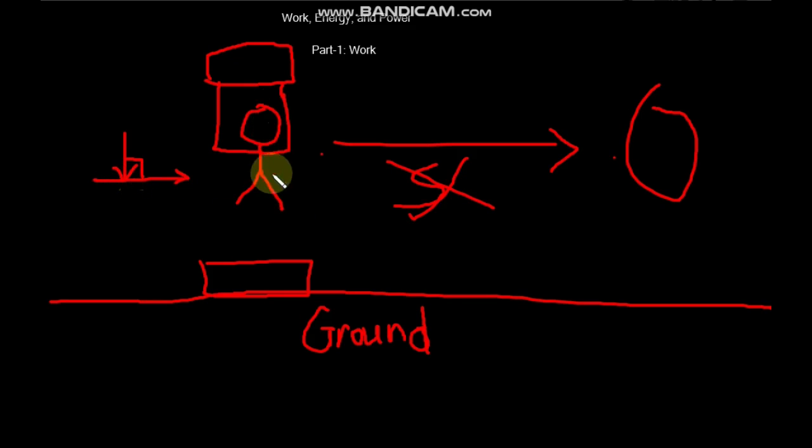But in here, the only thing he did is just lift up the block and keep going while he's holding it over his head. So that means the force is upward and the gravity is downwards, which is not perpendicular. So you can say that this guy didn't do any work.